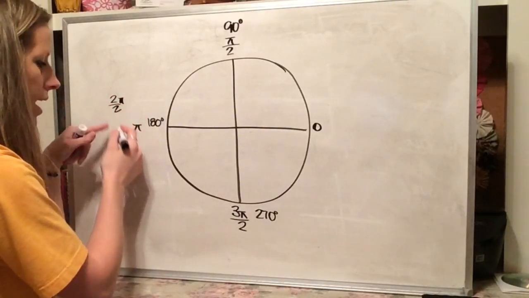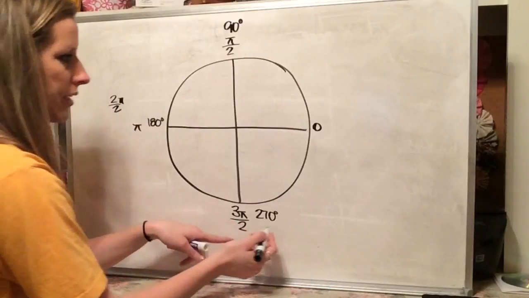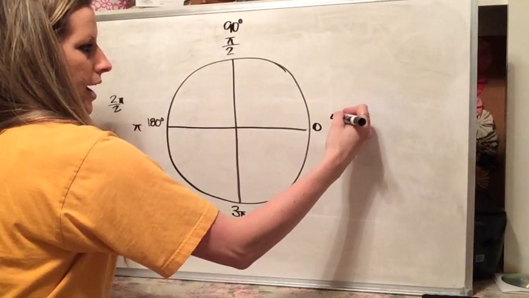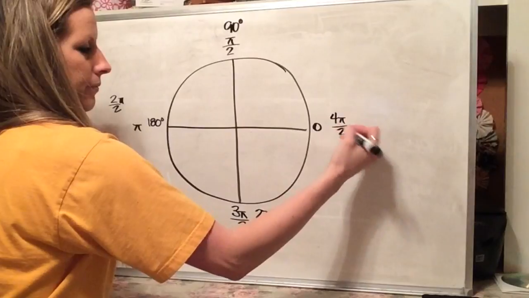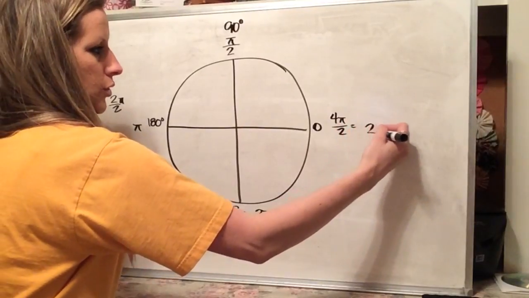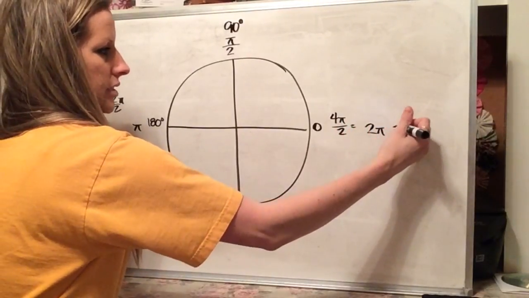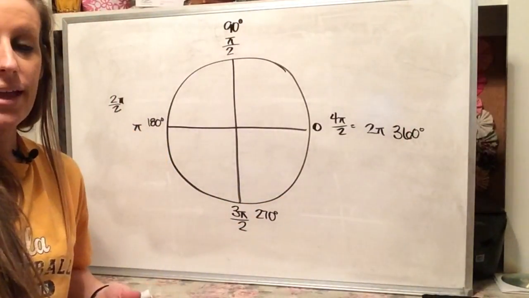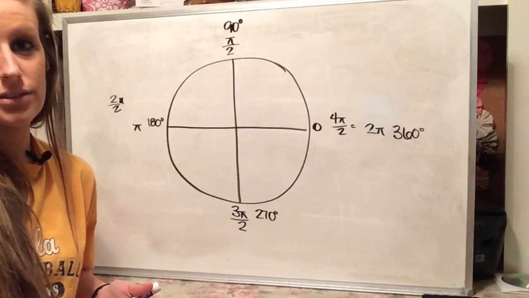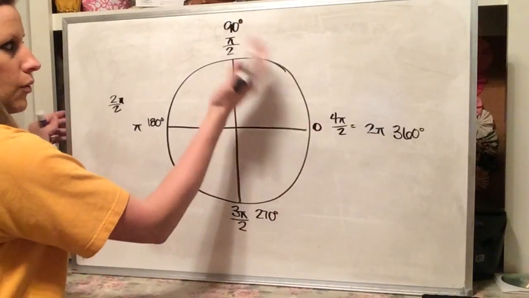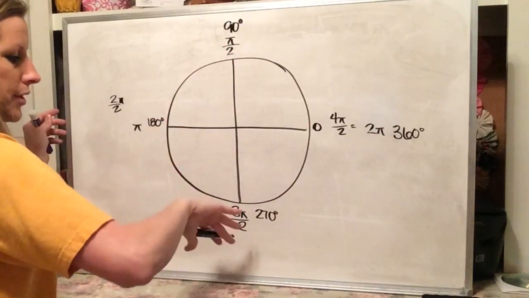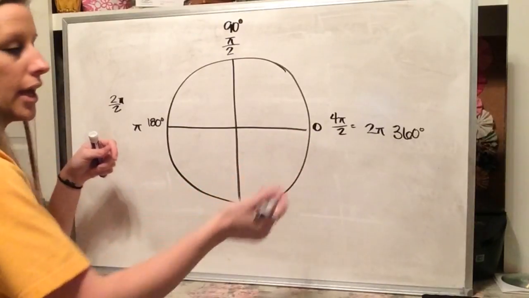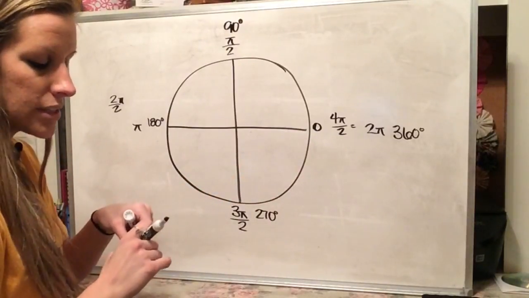And then add another one, 3 over 2 pi, and 4 over 2 pi is going to give me 2 pi, 360 degrees. So I kind of split it up like that, and then I just reduce the fractions, if that makes sense. So 1 over 2, 2 over 2, 3 over 2, 4 over 2. Okay, so that's the first circle.